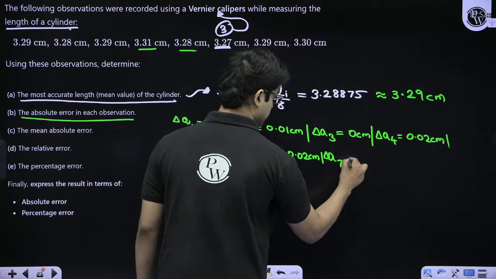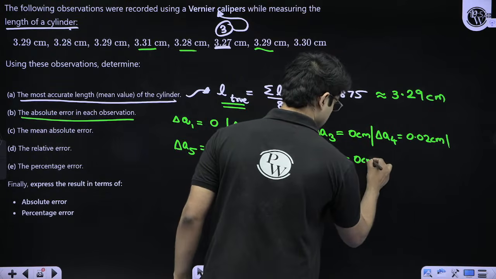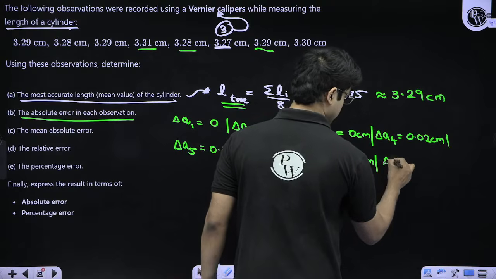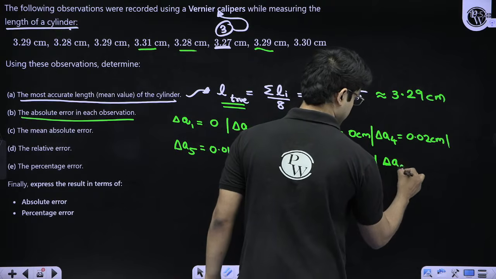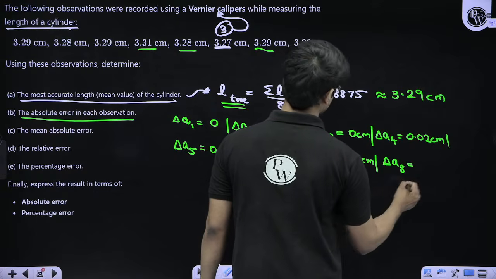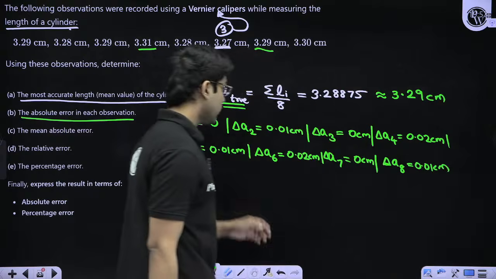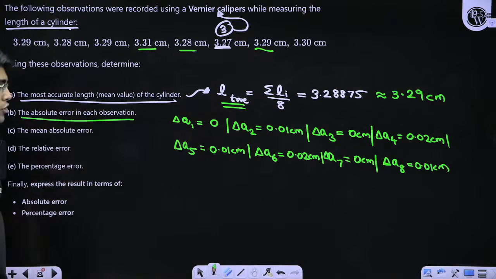The seventh, 0, it will be 0 centimeter. And finally, in the eighth measurement, the absolute error is 0.01. So we found out the absolute error in each measurement.